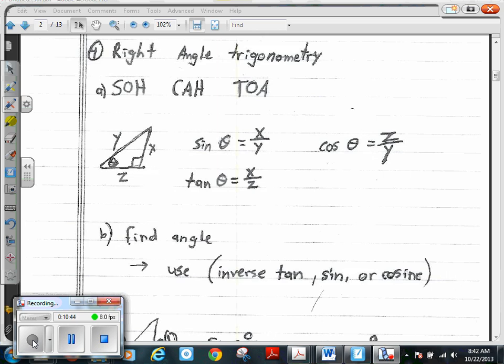And while you're doing that, I also want you to find inverse tangent, sine, and cosine. It'll either be a button like this, or it might be like this, and it's probably a second function. Because we're going to use that to go in reverse to find the angle. I'm going to show you examples on how to do all this stuff. But first, check your calculators, make sure you find that.